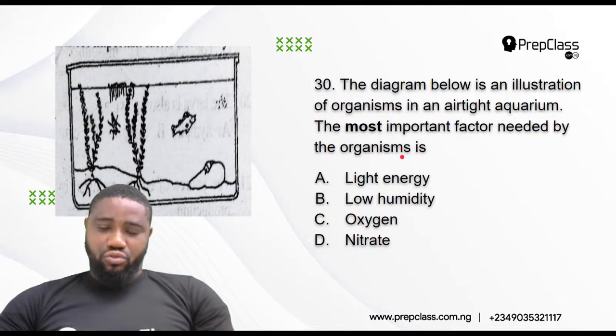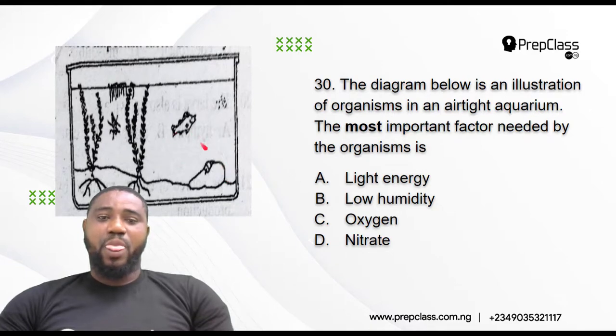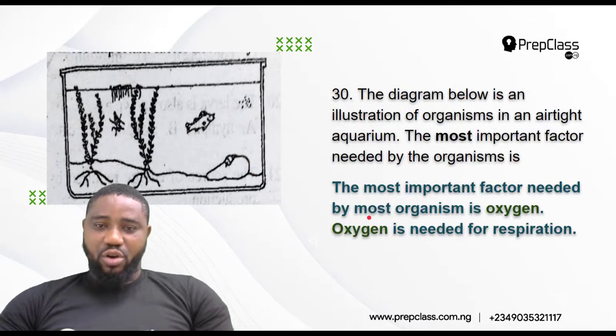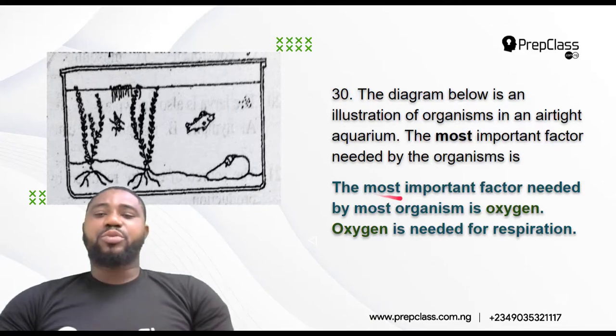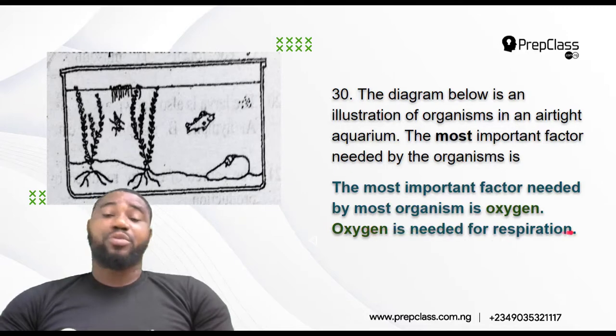Of course, you should know that the most important factor to all these organisms in this aquarium, fish, crab also, is oxygen. Because without oxygen, they cannot even stay alive. Oxygen is needed for respiration.